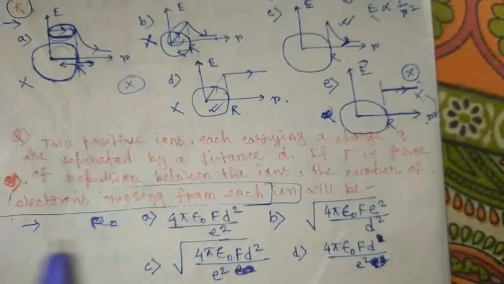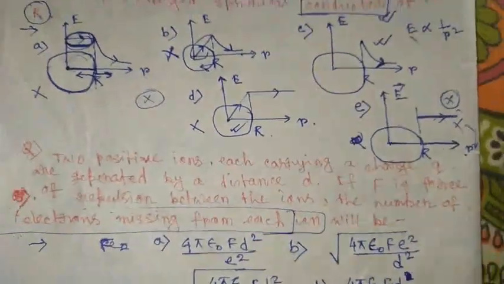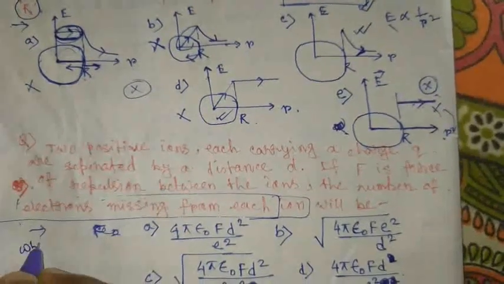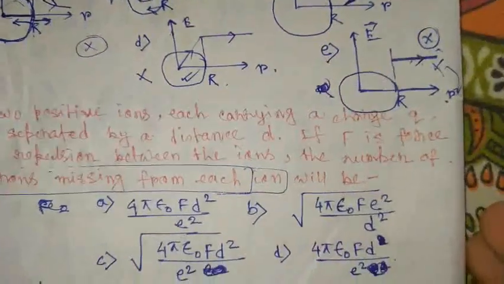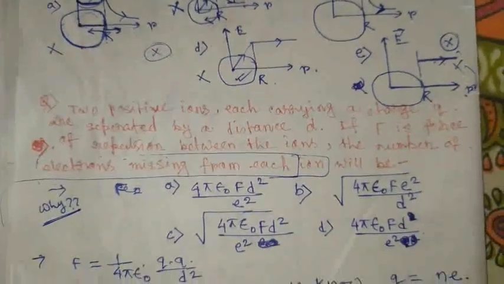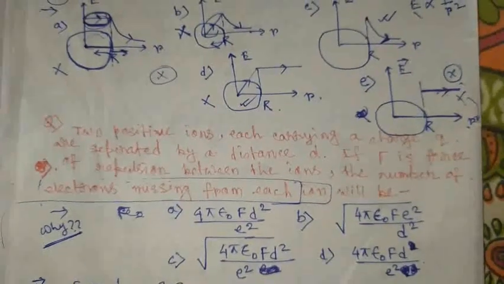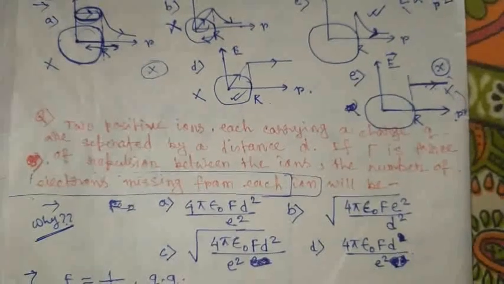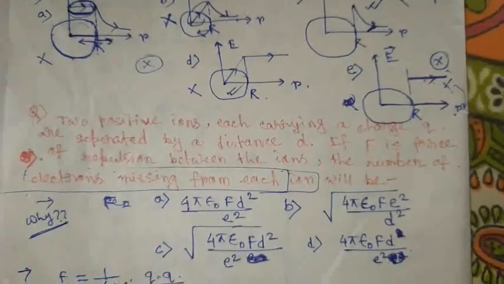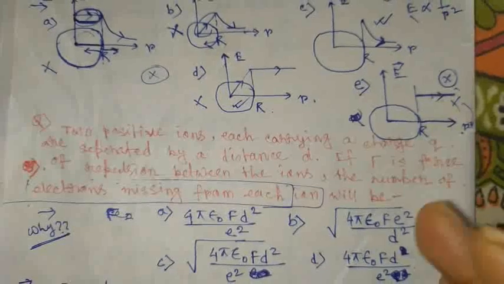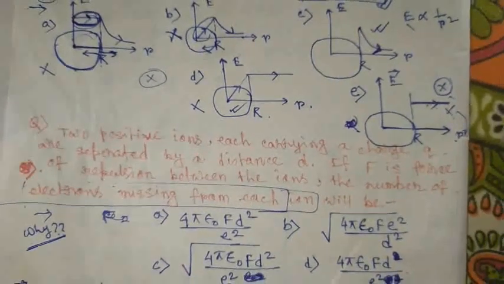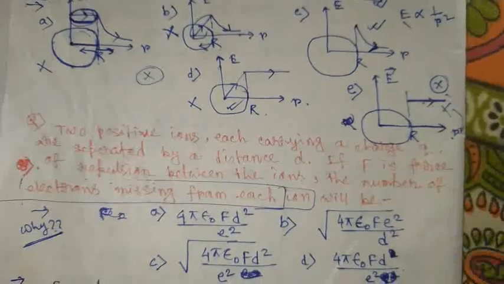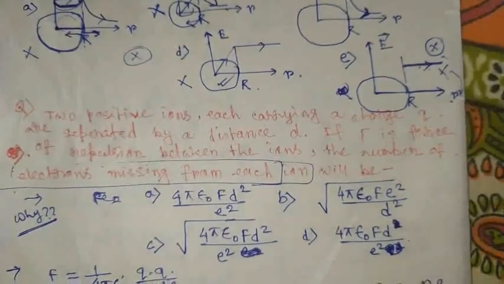Because due to the repulsion there is a process of electrical discharging. So due to the electrical discharging, the electrons get missing from each ion with the progress of time.